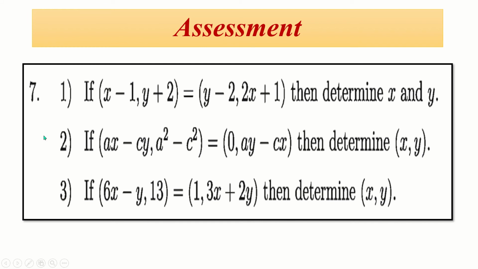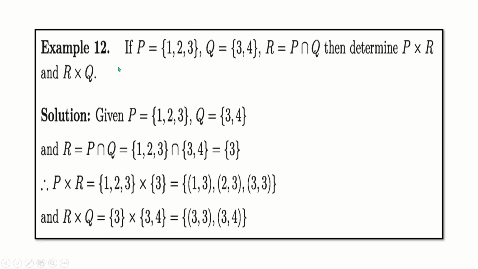Now follow example 12. If P equals {1, 2, 3}, Q equals {3, 4}, R is equal to P intersection Q. As P and Q are given, R is equal to P intersection Q, meaning the common element of these two sets. That means the only common element is 3.